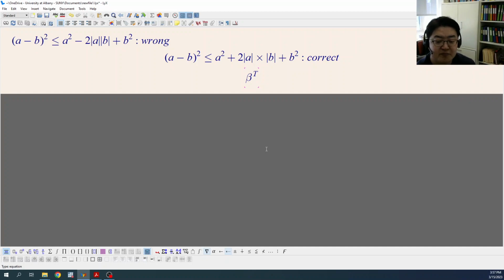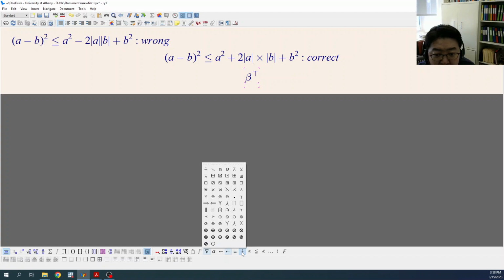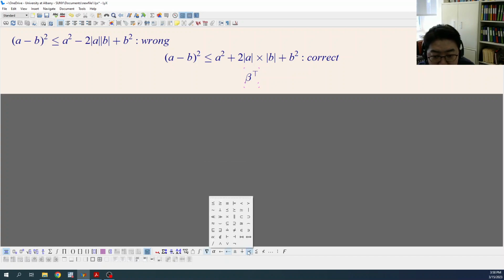But in case you wanted to use my notation but couldn't find it, I believe you can find it here. Let me see. It should be somewhere here. Oh no. I don't remember where I found it.